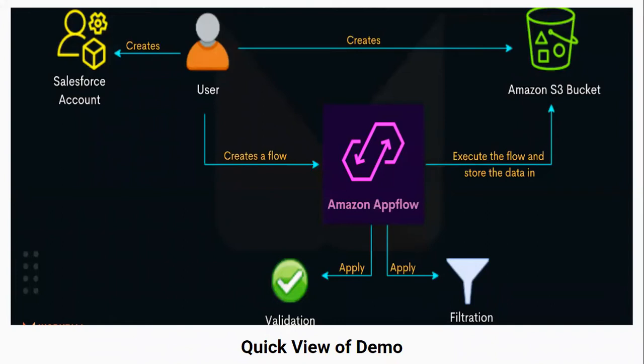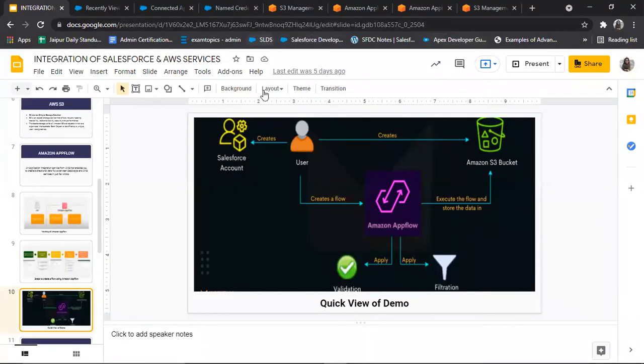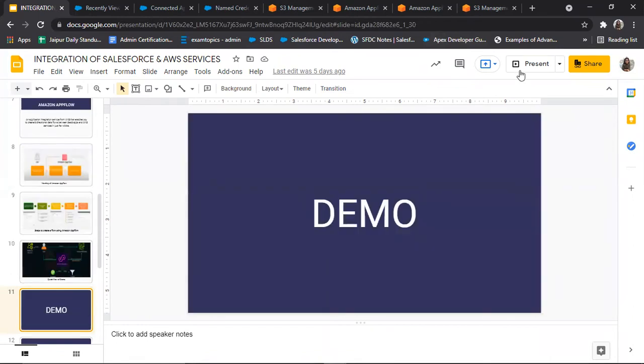After that, they can create a flow using the Amazon AppFlow application and apply the validation and filtration rules there as per the requirement, and execute the flow, and the data will be stored in our S3 bucket, and we can access that data using the S3 bucket file. Okay, so this was a quick view of my demo. So now we go to the demo.